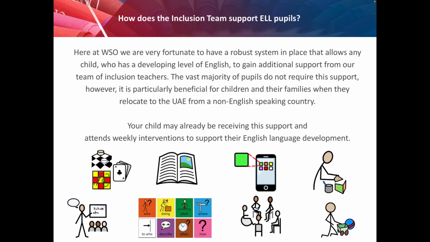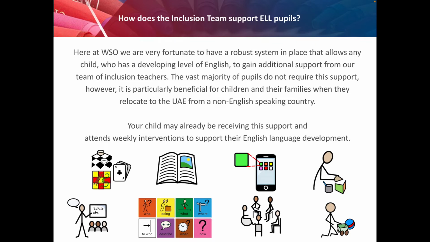Some of the different ways that we might do this is through the use of games and stories. We use certain apps as well. What's that app? Language Nut. Language Nut, that we use, I forgot the name there.